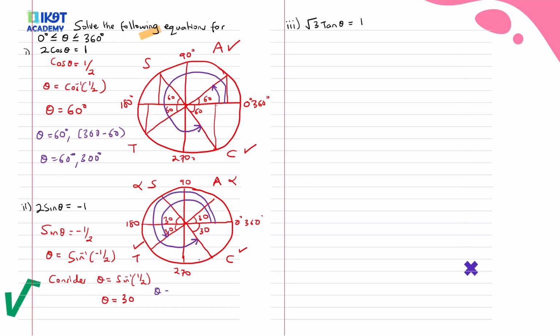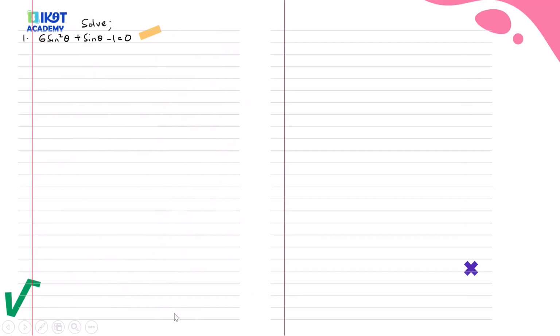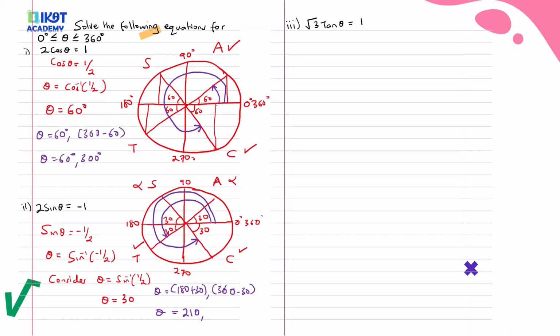So theta is going to be 180 plus 30, comma, 360 minus 30. So 180 plus 30 is 210, and 360 minus 30 is 330. So those are the two answers for that question.